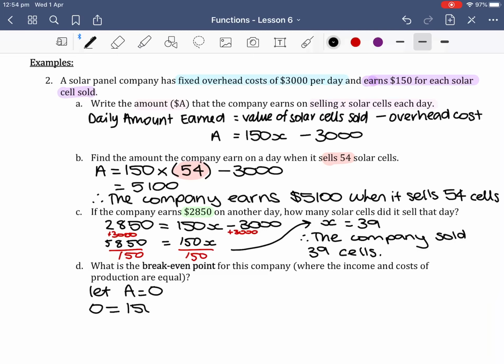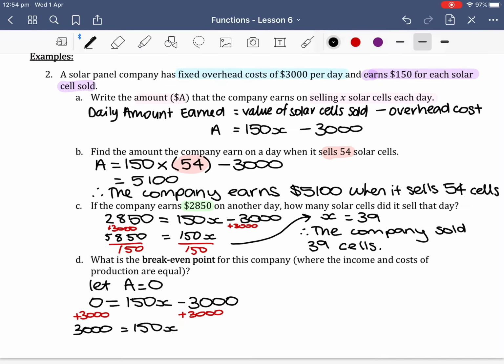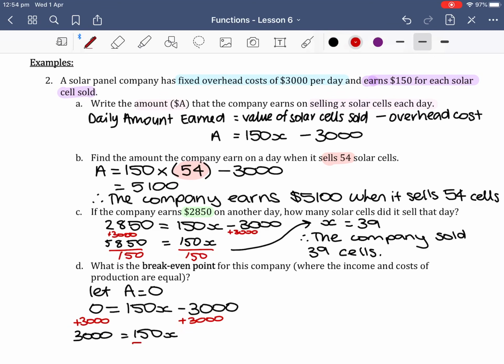So we'll have 0 equals 150x minus 3,000. So then we plus our 3,000 to both sides. So we get 3,000 equals 150x. And then we're trying to find out what x is. So we divide both sides by 150, and we get x equals 20.